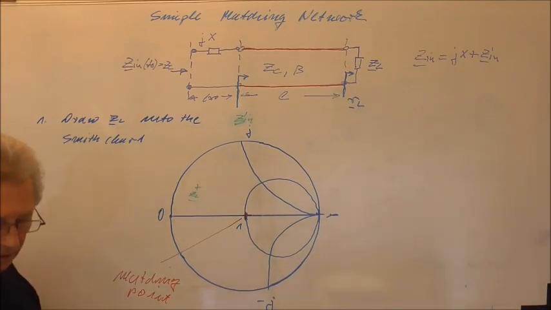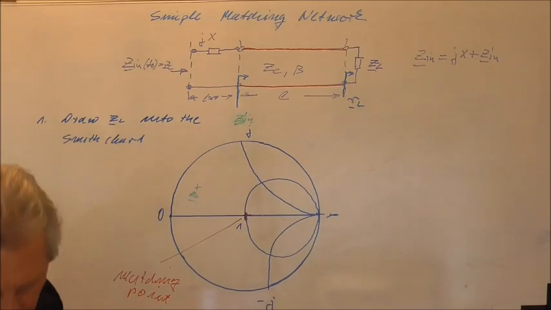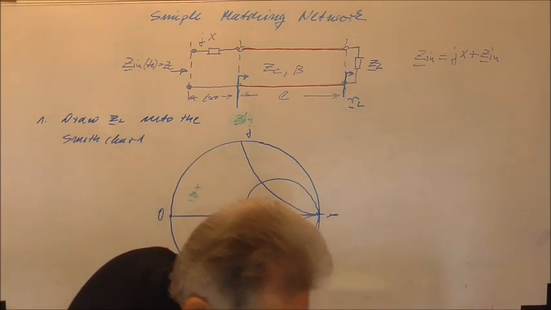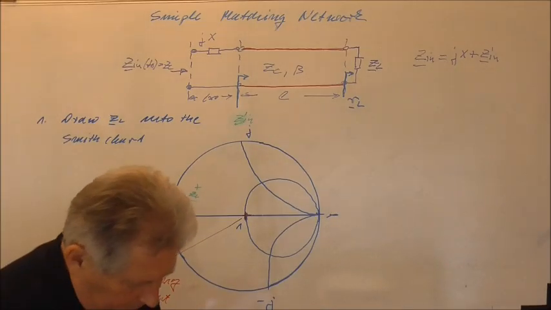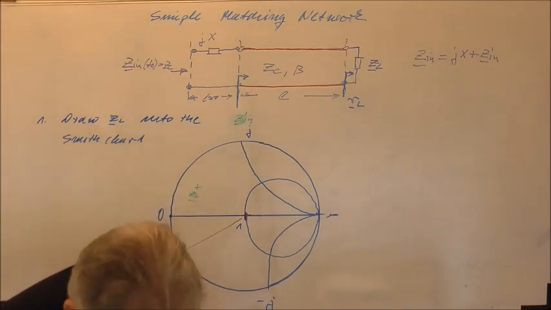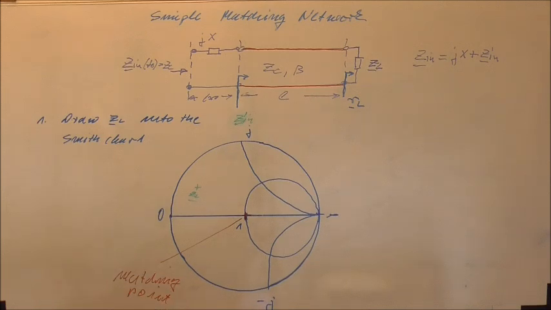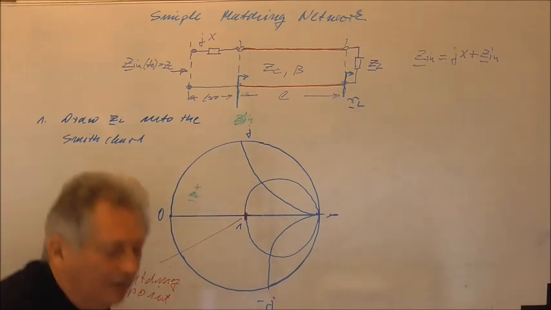On which circle we can walk with the help of the transmission line? The circle caused by the exponential minus beta.